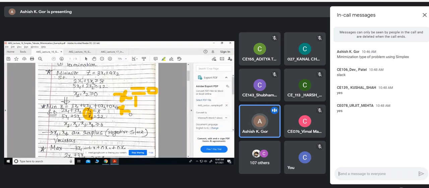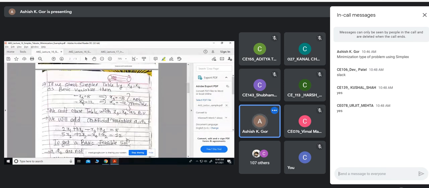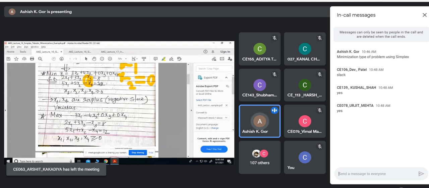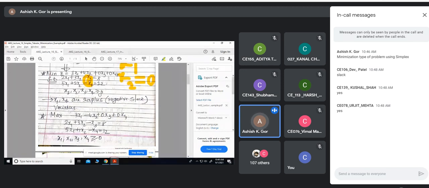But if you do this, what is the problem? If you set x1, x2 to 0, which means I set x1, x2 as non-basic, then I get x3 equal to minus 8 and x4 equal to minus 12, which are not allowed. If we start the simplex table with x3, x4 as basic, which means x1 and x2 are non-basic and set to 0, then minus x3 equals 8 and minus x4 equals 12, which gives negative values and violates the non-negativity constraint.